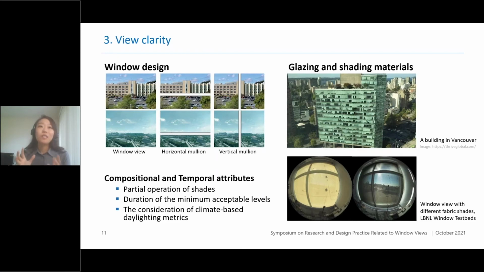So we need to understand what compositional attributes contribute to the view quality, how people react to it, and how long the minimum acceptable levels should be kept in terms of the course of the year or the time of day. That's also an important question to the daylight folks as well. So we found that this view clarity area is really important when we think about the temporal attributes, and it should be considered with the climate-based daylight metrics.